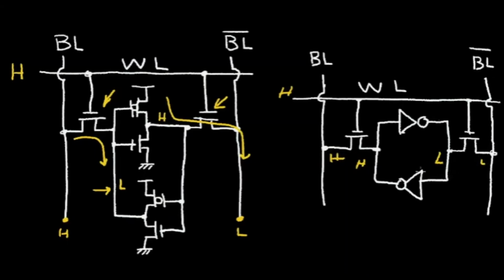But let's say that from a previous cell, it did a read operation, and perhaps it put a 0 on this bit line and a high voltage, or 1, over on this other bit line. And since there are many bit lines that are shared with other memory cells, there's perhaps quite a bit of capacitance on each of these bit lines.